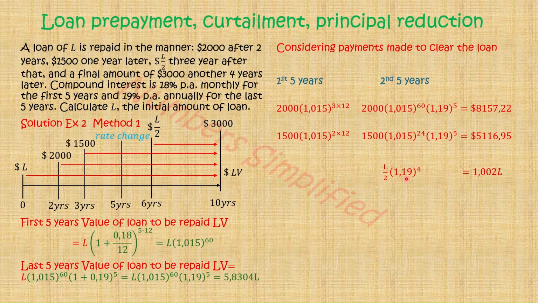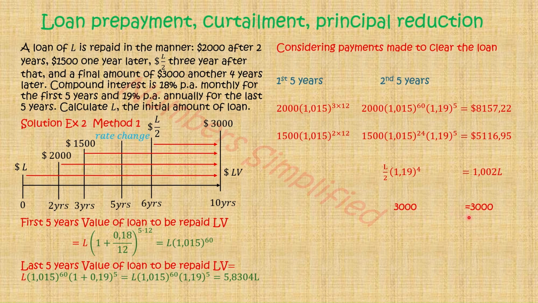And because this was compounded annually, this one is less complicated than the other calculations that we had to make. So that would give us, when simplified, 1.002 L.